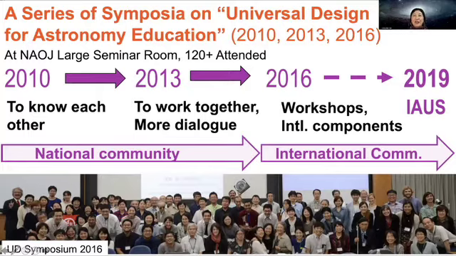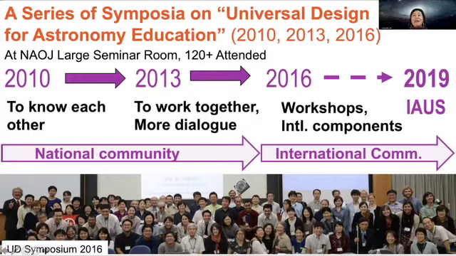In 2013, we started working together and spent a long time in dialogue. In 2016, we provided many workshops and also added international components. We received participants from other countries, mainly from Asia. This is how we developed the national community and expanded it to an international community.